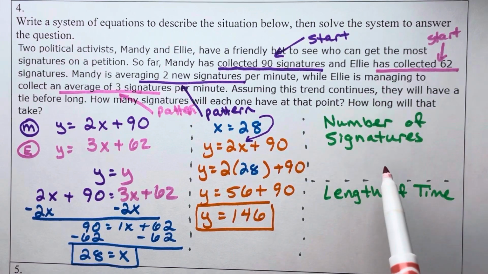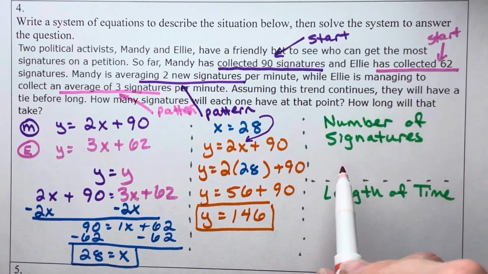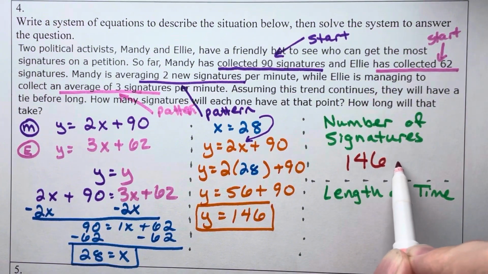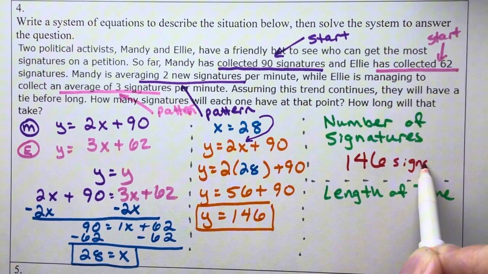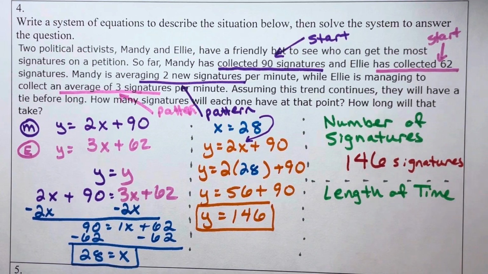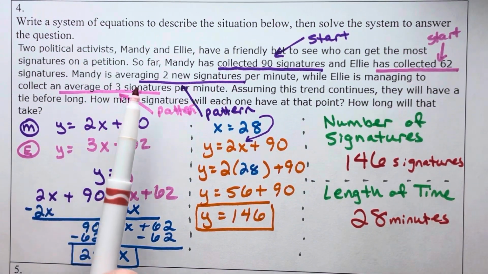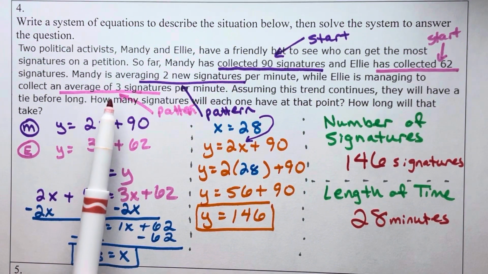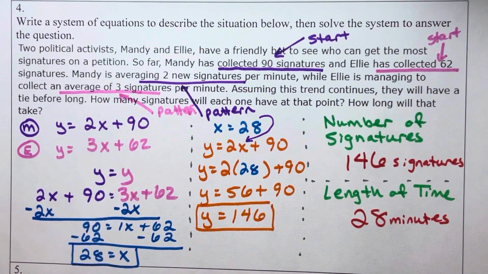Therefore, we can conclude that there was a total of 146 signatures each, and that it took them 28 minutes to get them. Which, when you look back and say, oh yeah, she was getting 2 a minute and she was getting 3 a minute, they were getting a lot of signatures really, really quickly. So there you go.